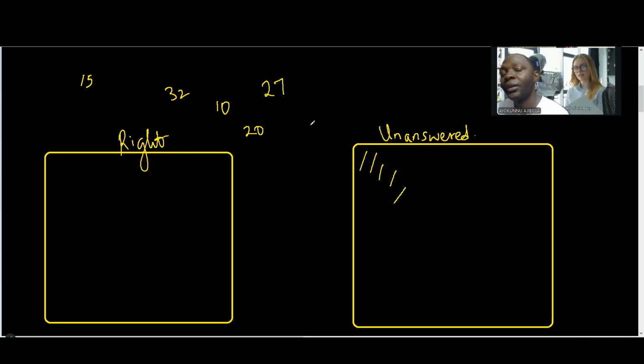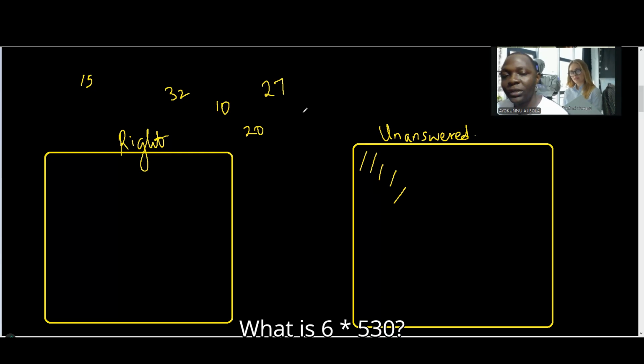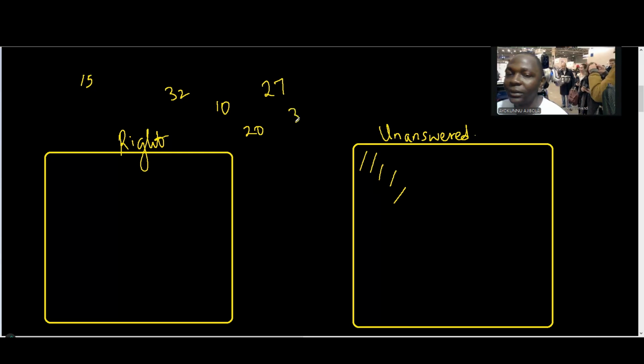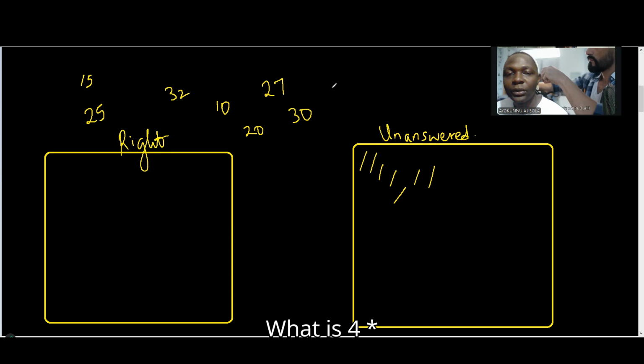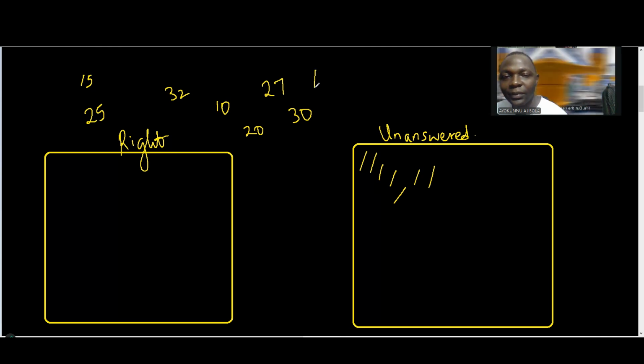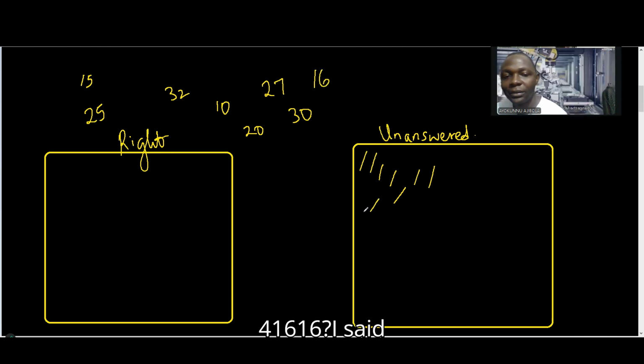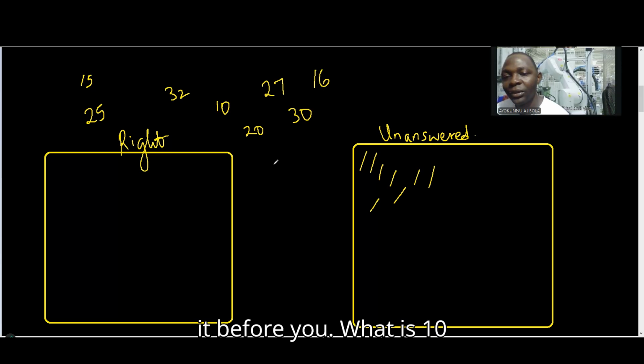What is 6 times 5? 30. What is 5 times 5? 25. What is 4 times 4? 16. I said it before you.